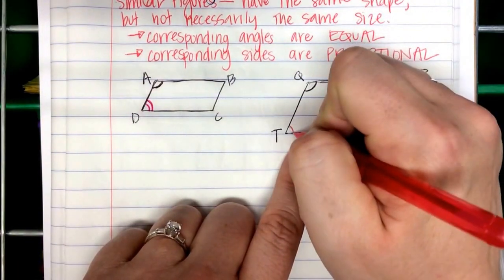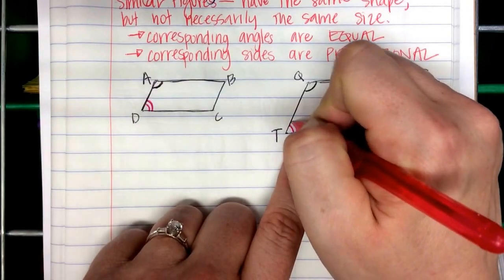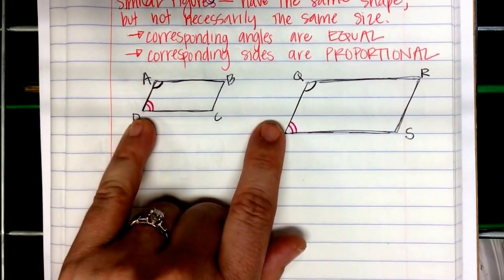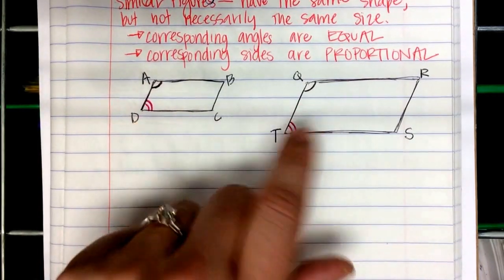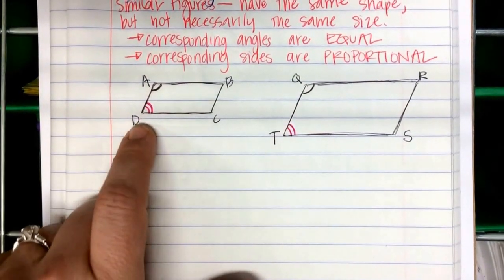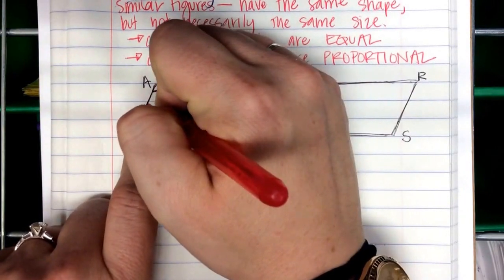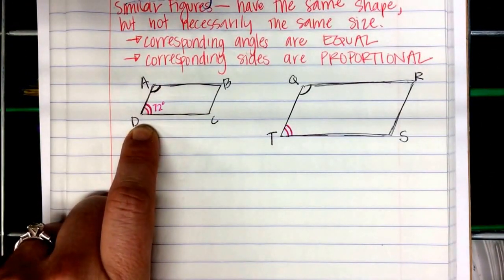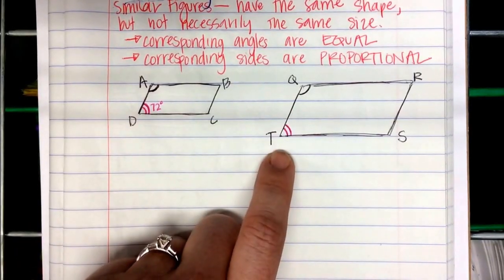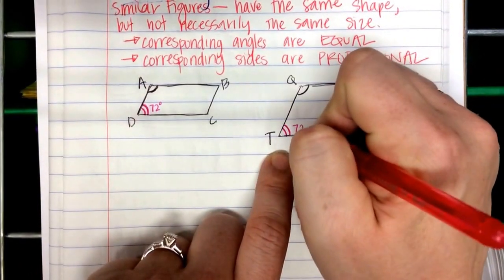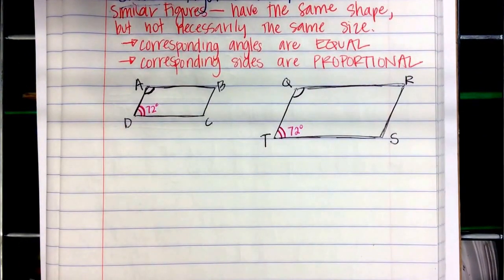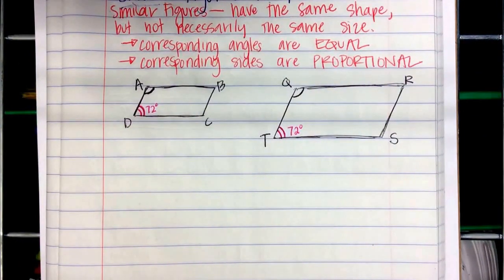T. They're exactly the same, because they're in the same location in similar shapes. They're equal. If angle D was 72 degrees, what does that mean? Angle T is 72 degrees because they're equal, they're corresponding.